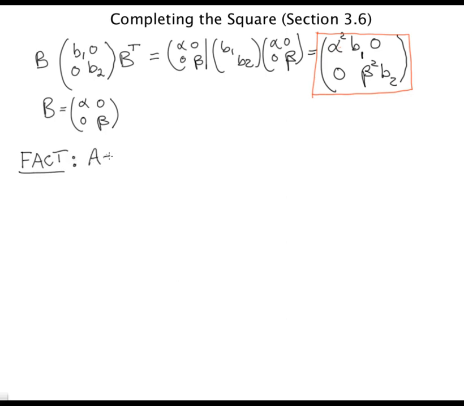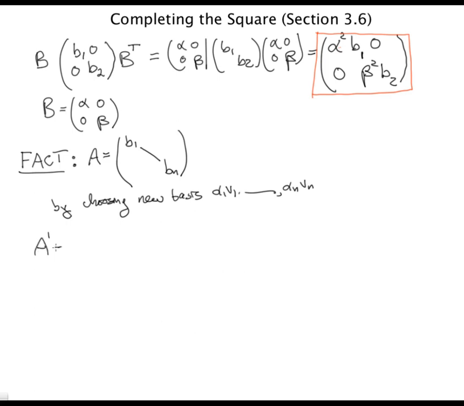If A is of the form B1 through Bn, then by choosing a new basis, alpha 1 V1 through alpha n Vn, you get to a new matrix A prime, which is alpha 1 squared B1 down through alpha n squared Bn.